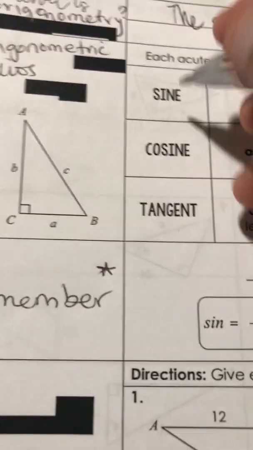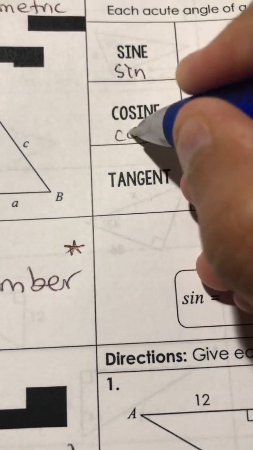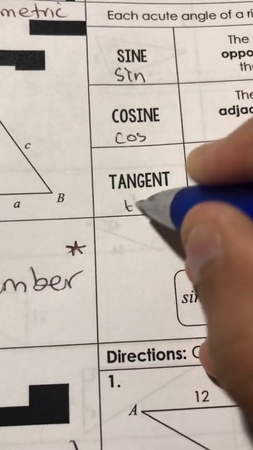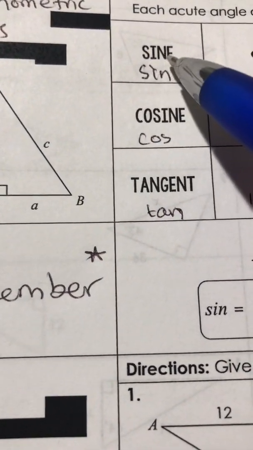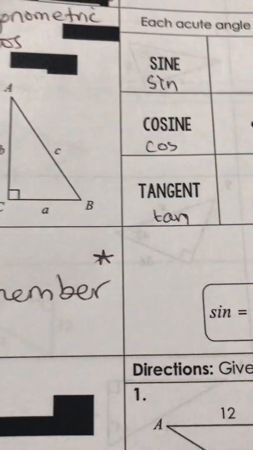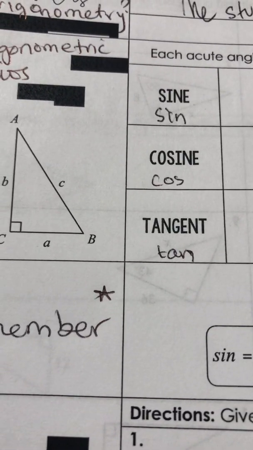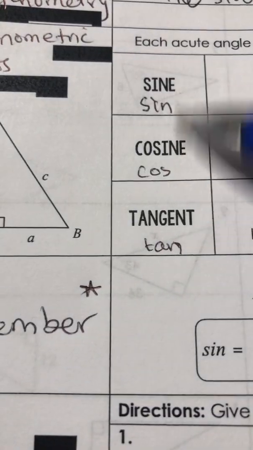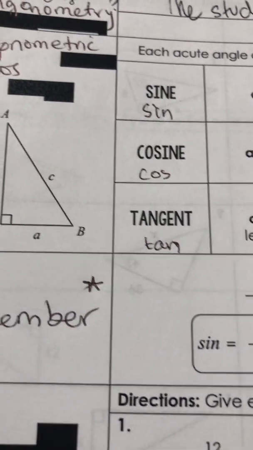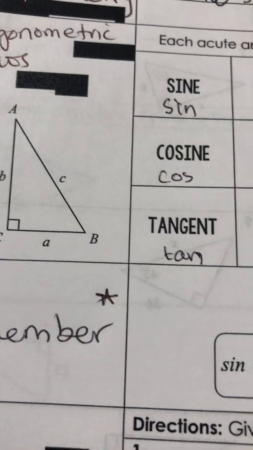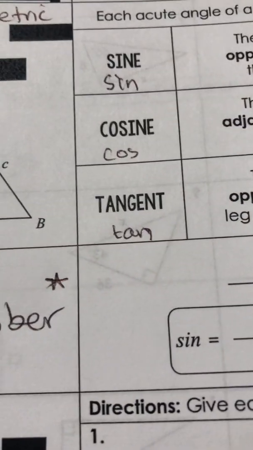The abbreviated forms are SIN, COS, and TAN. The other 3 functions are derived from these 3 primary functions, and those are secant, cosecant, and cotangent. Today we are just going to focus on sine, cosine, and tangent.